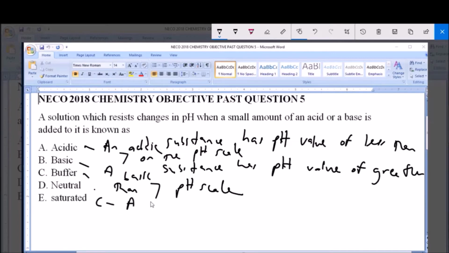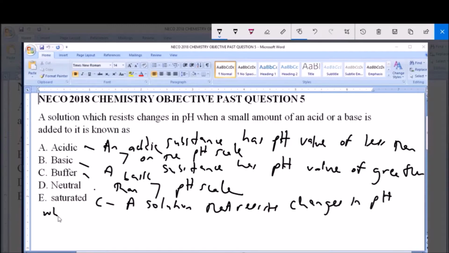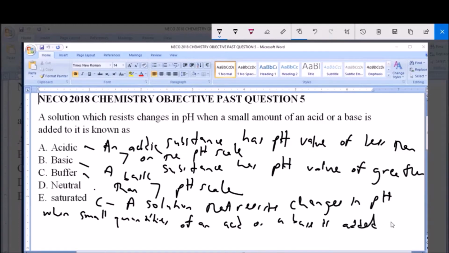A buffer is a solution that resists changes in pH when small quantities of an acid or a base is added to it. So that's the definition of a buffer.